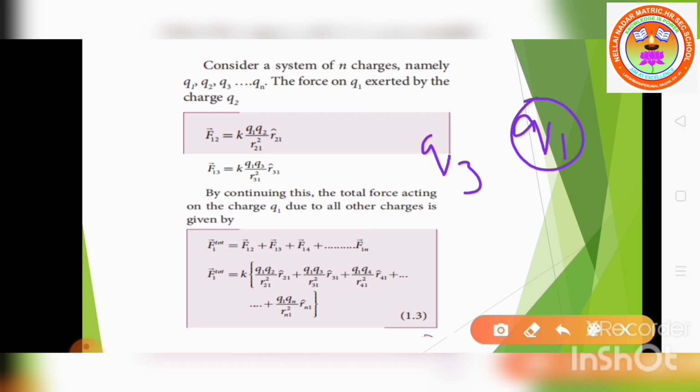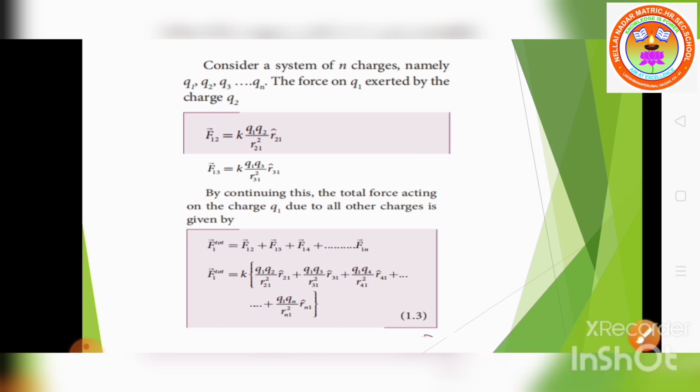So the force exerted on the charge Q1 by Q3, F13 vector, is equal to K into Q1 Q3, and the direction is 3 to 1. So I can write K Q1 Q3 divided by R31 square into R31 cap. Like this, we can calculate for n charges.